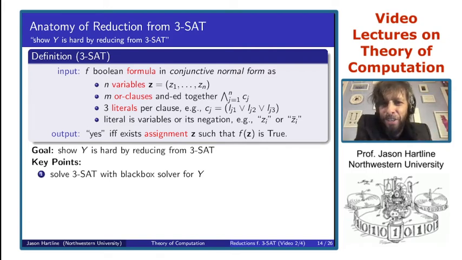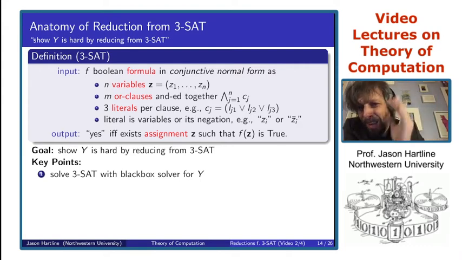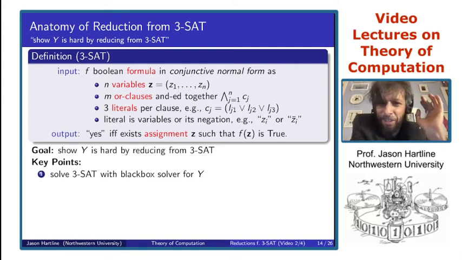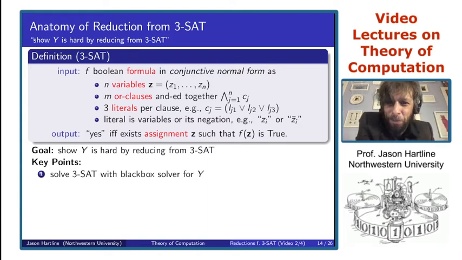Whenever you do a 3-SAT reduction, we're always trying to solve 3-SAT. This is sort of interesting. It's the opposite of how things usually work with computers. Usually you have the same computer and you try to solve new problems with it. Here we have the same problem every time, 3-SAT, and we're trying to solve it with a different computer, a computer that has a magic black box that solves a different problem, y.